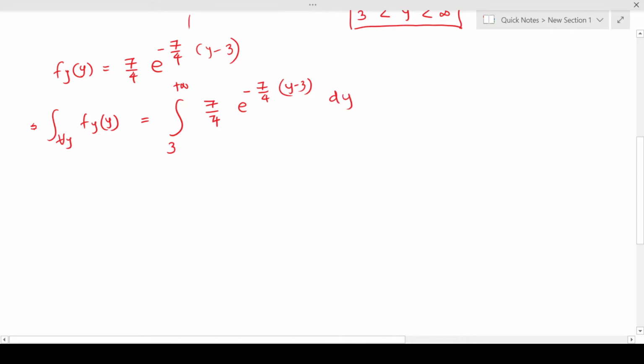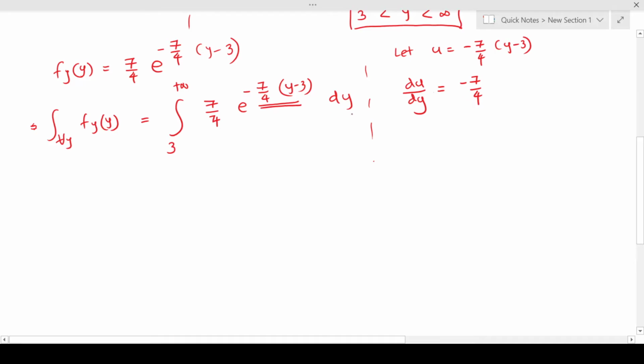Now I'm going to do a u substitution to deal with this. Let u be equal to negative 7 over 4 times (y minus 3). When you take the derivative with respect to y, du over dy becomes negative 7 over 4, since y minus 3 has derivative 1 minus 0, which is 1.